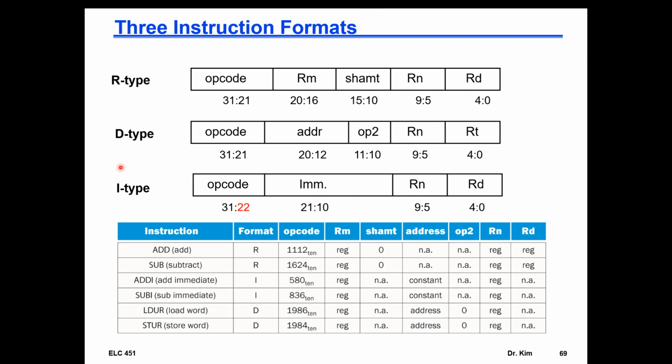And then the new one here is the D-type. The D-type has the opcode, has an address, has a 2-bit auxiliary operation, and it has 2 registers. So we're going to see that this format, we're going to use it later in the branch instruction.